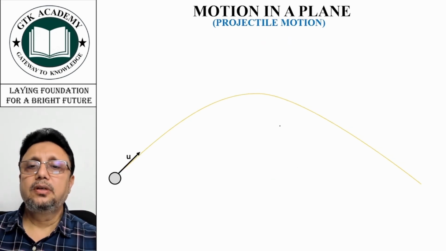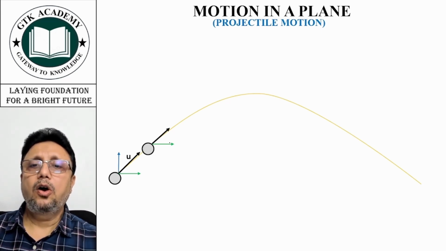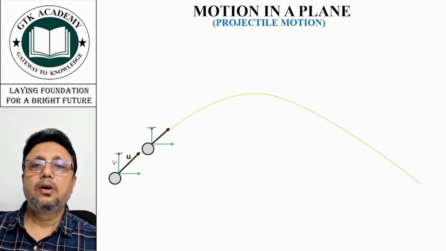That means what happens? When the body starts, it has a horizontal component and a vertical component. After some time, the horizontal component will be the same throughout. The vertical component will reduce. Here you can see, here it was this much, now it has reduced.